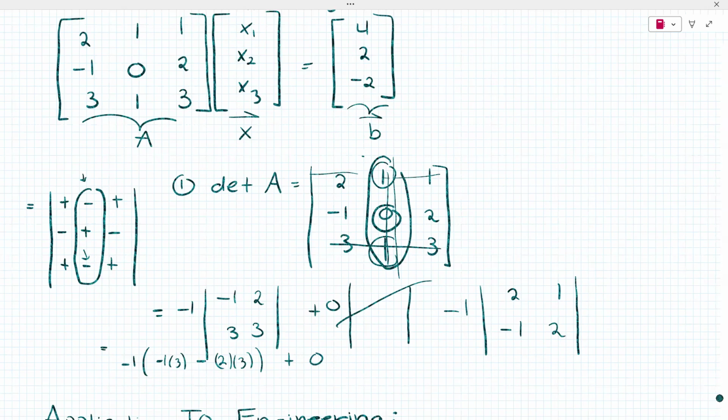And then it's going to be -1 times 2 times 2, minus -1 times 1. Altogether, this is going to be 9 plus 0 minus 5.